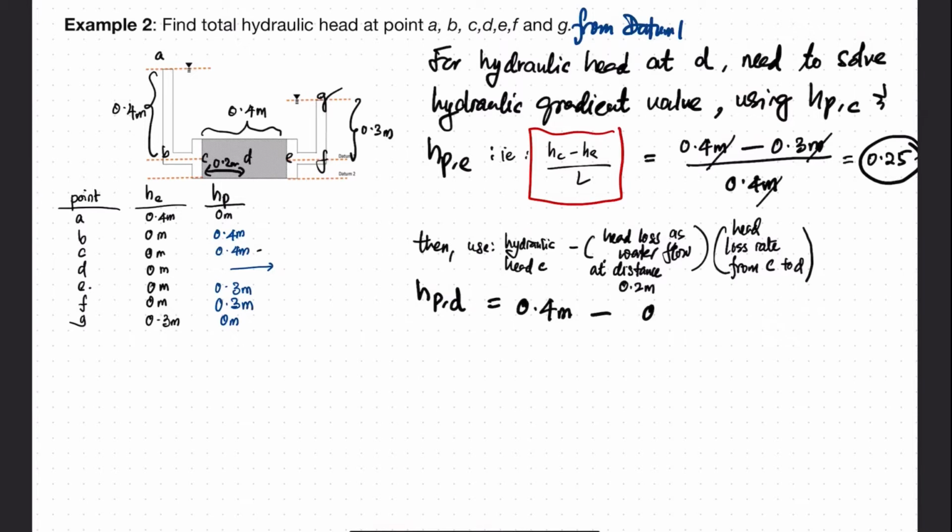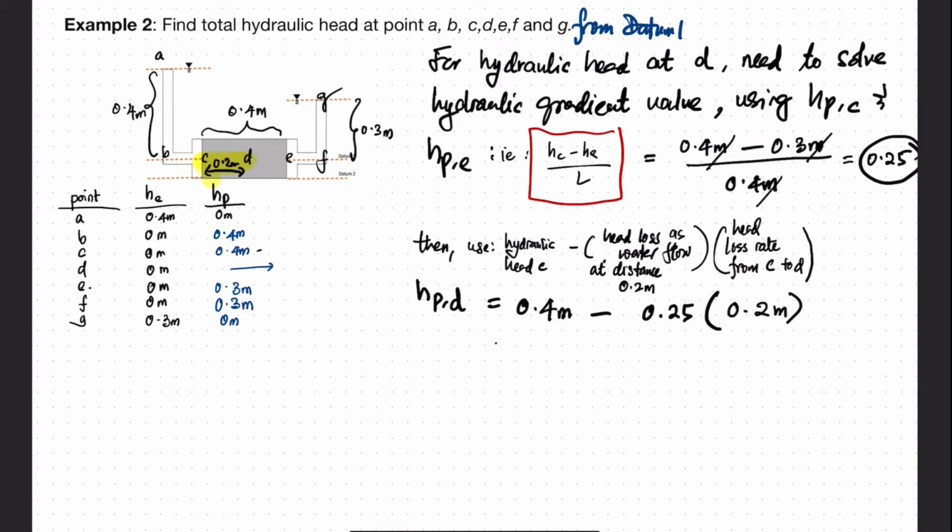So 0.25 times the distance from C to D, which is 0.2 meter. That is how much it lost from that to that.